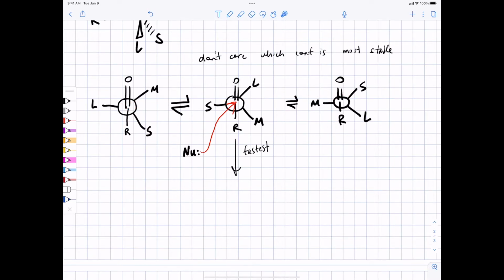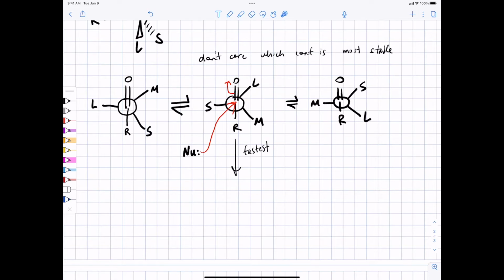If each of these is populated significantly, and the conversion from one to the other is reversible, but the reaction of the nucleophile attacking is not reversible, then the fastest product to form wins, and you don't have to consider stability of the intermediates.